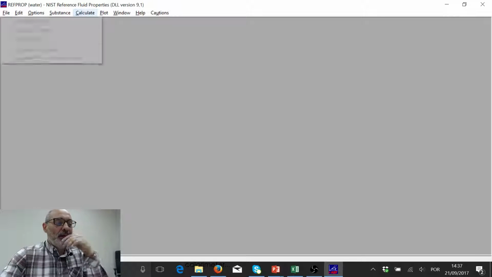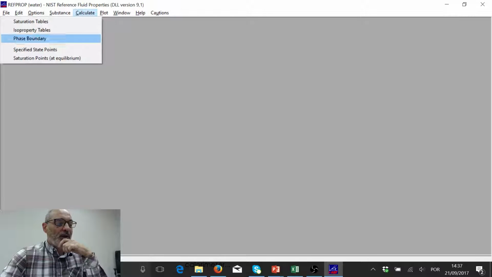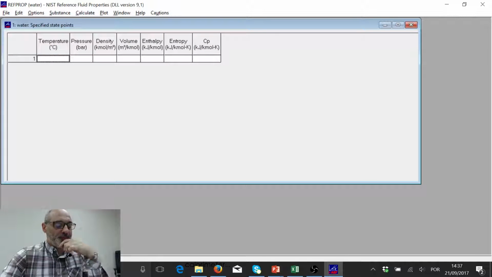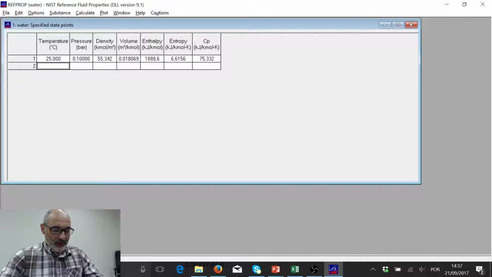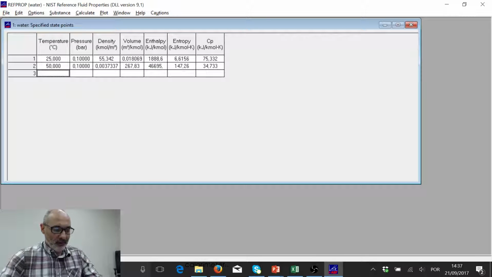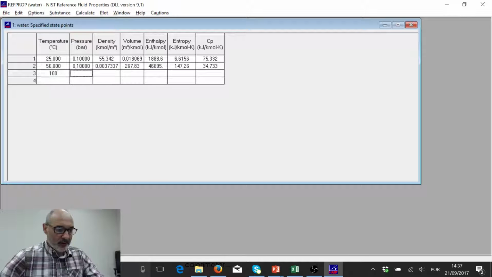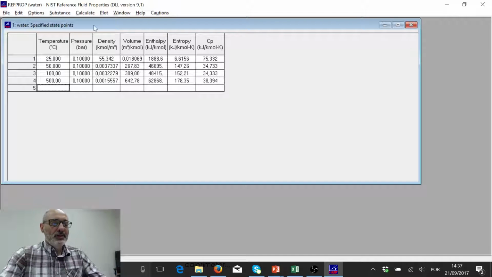So I can, for instance, calculate the specified state points: 25 degrees, and let's say I have 0.1 bar, okay? 50 degrees, 0.1, okay? 100, 0.1, 500, 0.1, okay? So you see, you have here the specific heat for different temperatures and pressures.